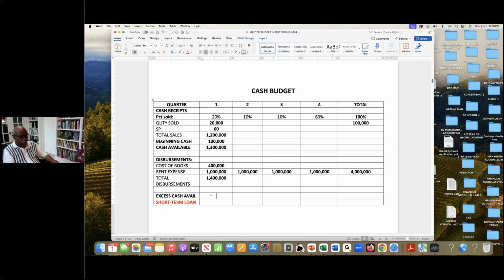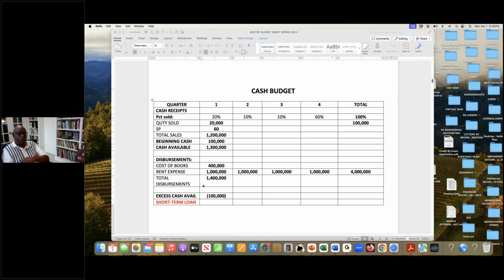So this is where the budget comes into play. If you had not made an arrangement with the bank, you would not be able to pay all your expenses. You know what happens if you pay part of your rent, right?